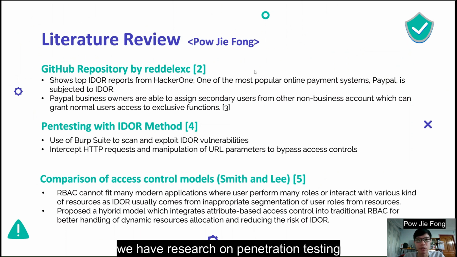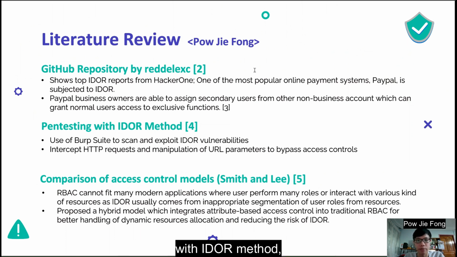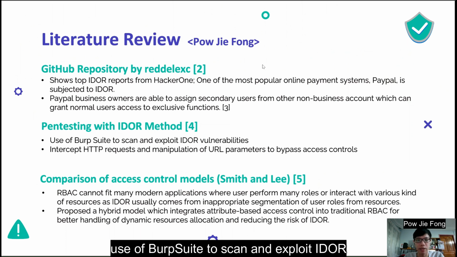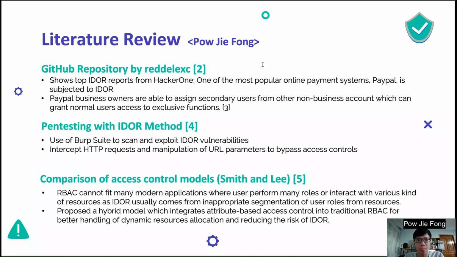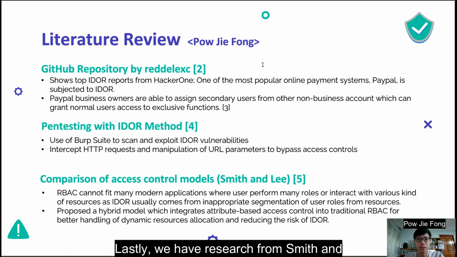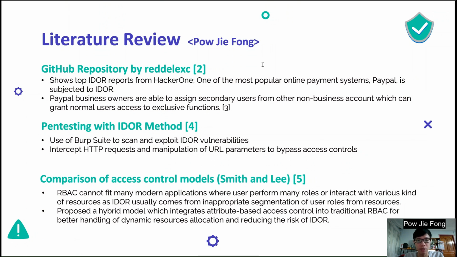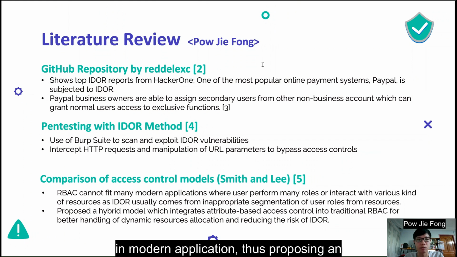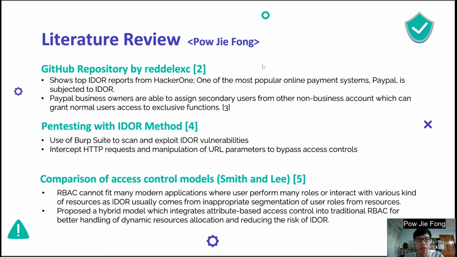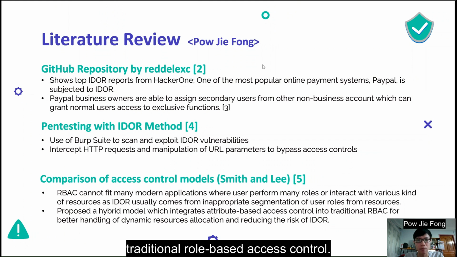Next, we have research on penetration testing with the IDOR method, which demonstrates the use of Burp Suite to scan and exploit IDOR vulnerabilities. Lastly, we have research from Smith and Lee, where they compare various access control models and found that basic role-based access control often fails in modern applications, thus proposing an integrated attribute-based access control into traditional role-based access control.